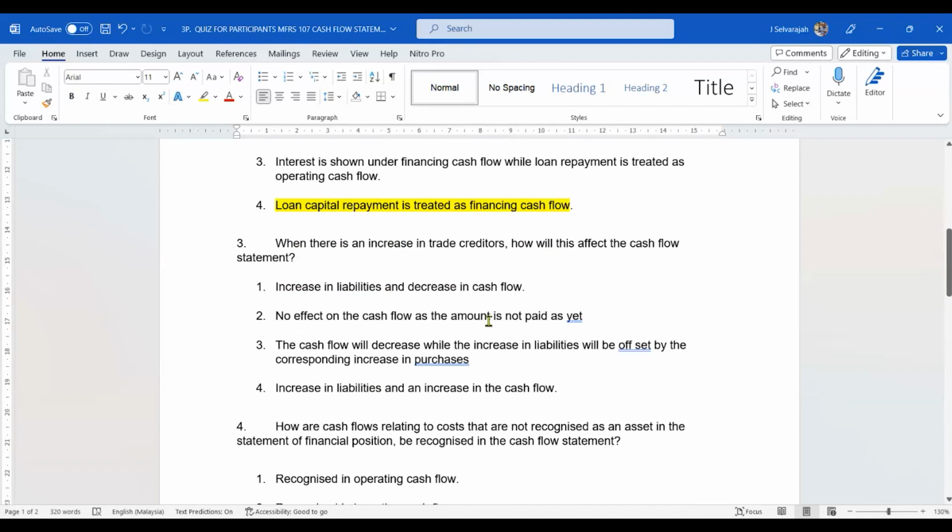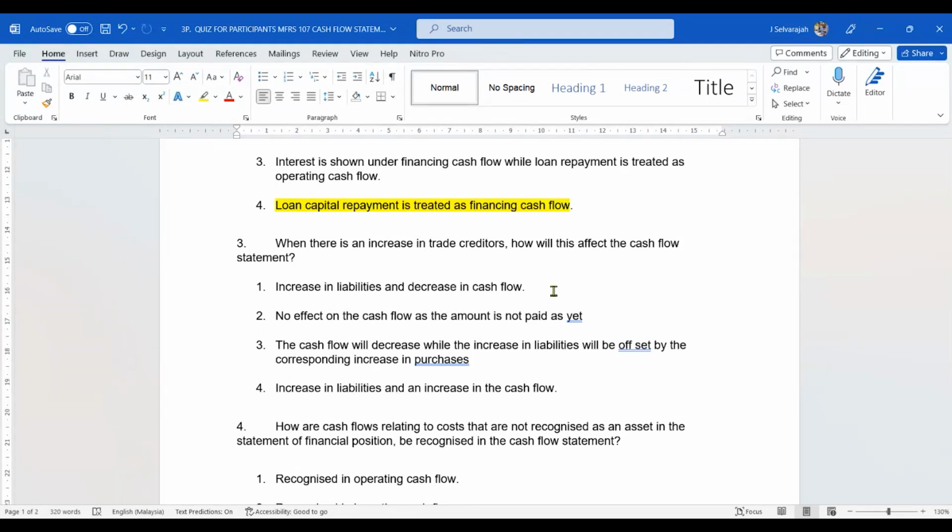Number 3, where there is an increase in the trade creditors. How will this affect the cash flow statement? Increase in the trade creditors. So is it an increase in liability and therefore a decrease in the cash flow? Is it no effect on the cash flow at all because the amount is not yet paid? What are we talking about?